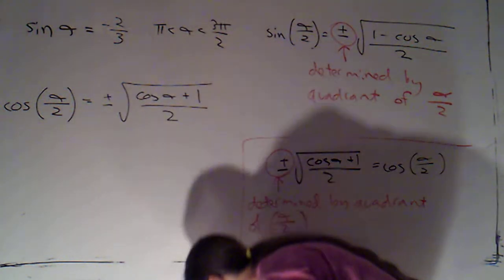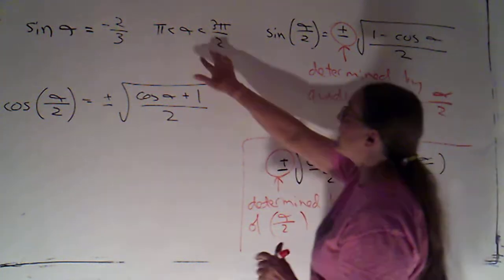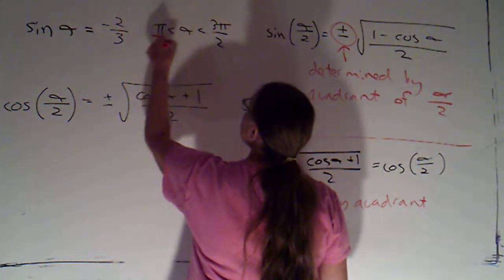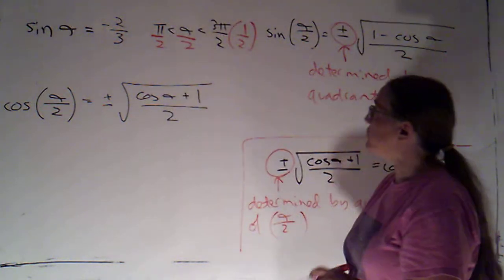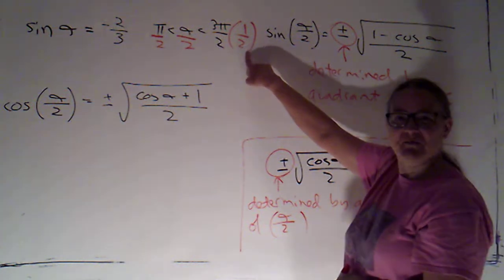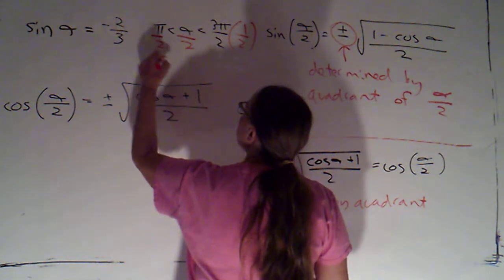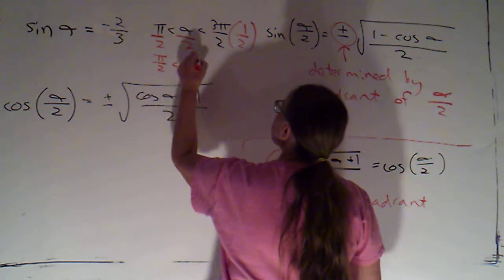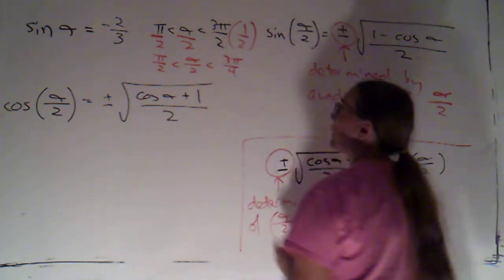I'm taking cosine of alpha over 2. So I'm going to take this inequality and divide through by 2. Over here where I already had a fraction, I'm just going to use the fact that dividing by 2 is multiplying by 1/2. So that's going to tell me that pi over 2 is less than alpha over 2 is less than 3 pi over 4.